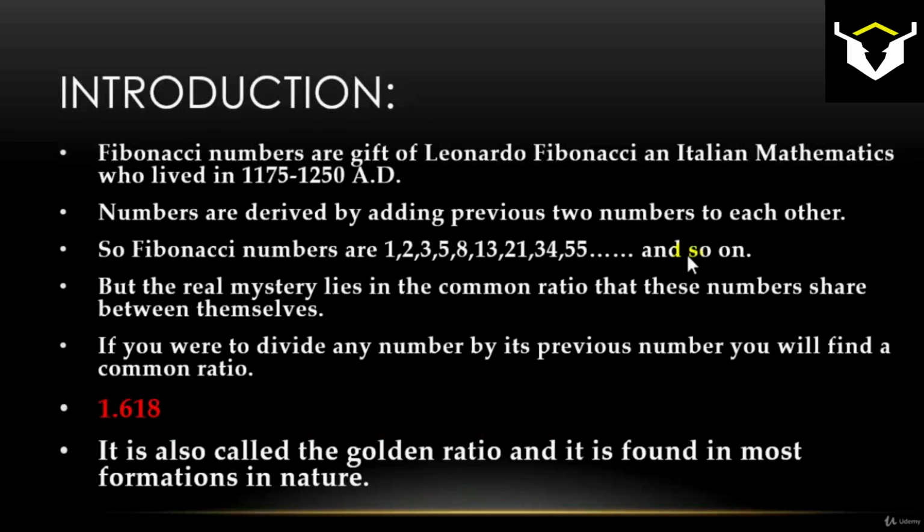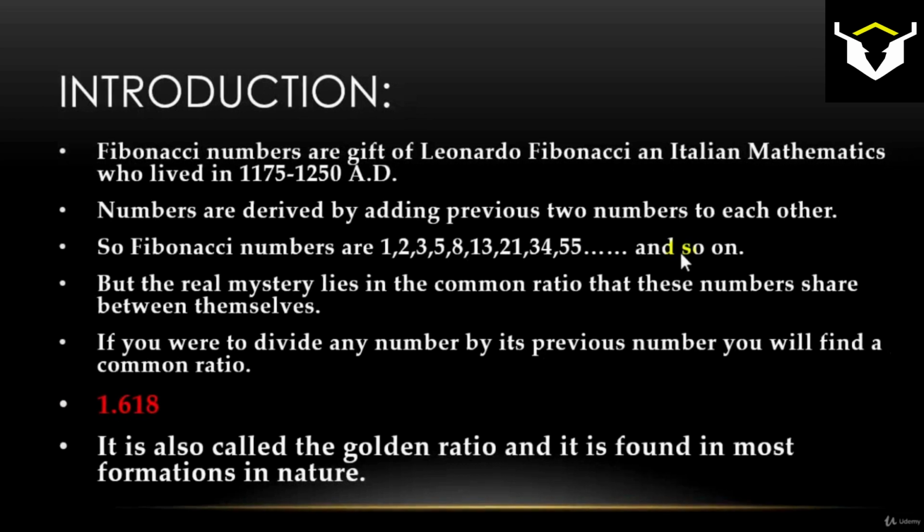If you want to study more about this golden ratio and its inverse ratio, that is 0.618, you can find a lot of material on Fibonacci numbers on the internet. But for now, all we have to remember is 1.618, 0.618, and different percentage ratios that are derived out of these ratios. Let's go ahead.